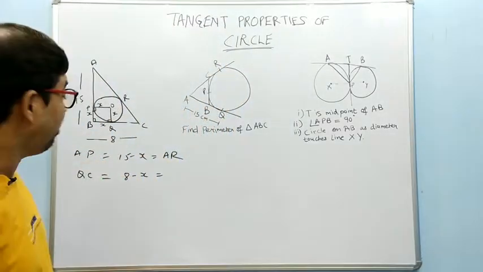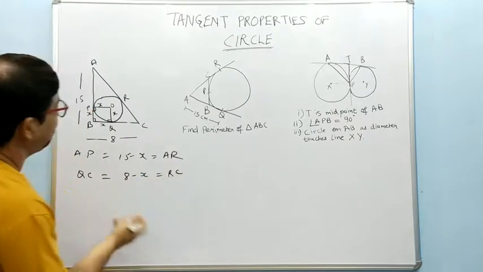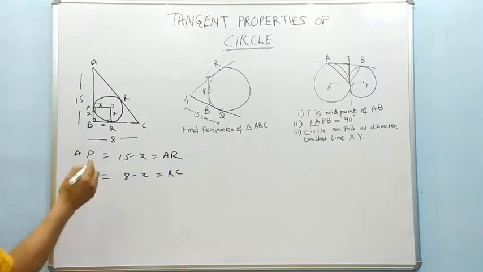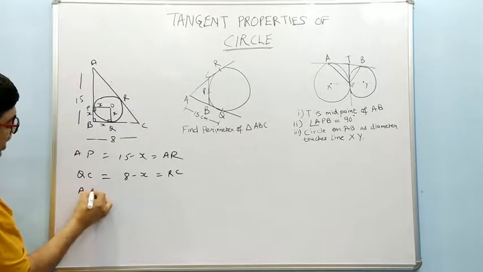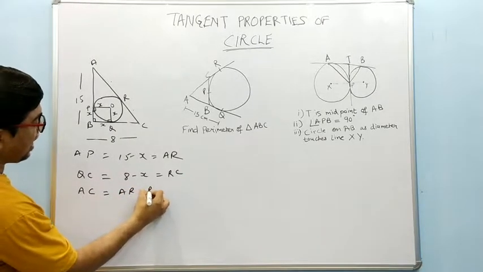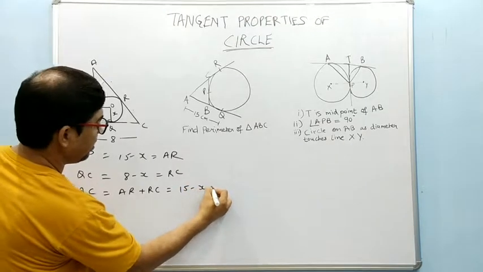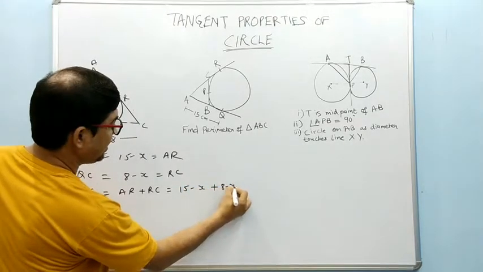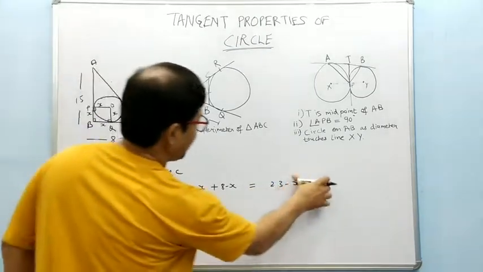Very important theorem. So this is coming out to be RC, or CR, whatever you want to write. Now we got this value, we got this value, so we can write AC is equal to AR plus RC. So it is coming out to be 15 minus x plus 8 minus x, which is 23 minus 2x.